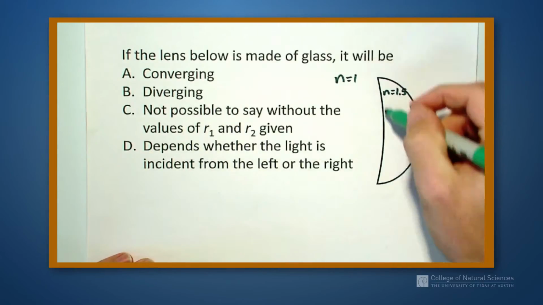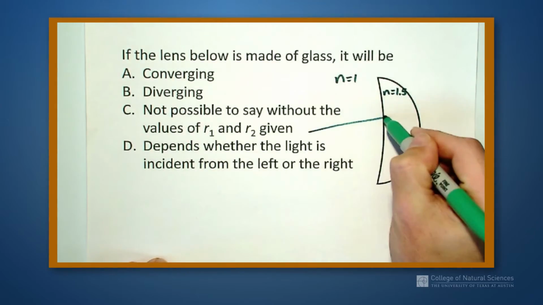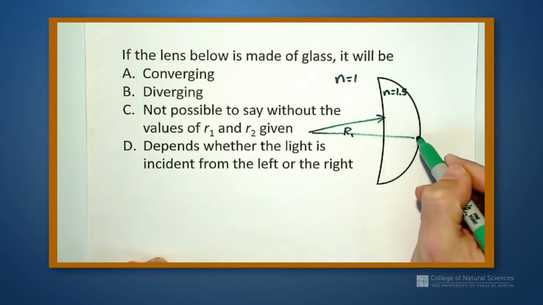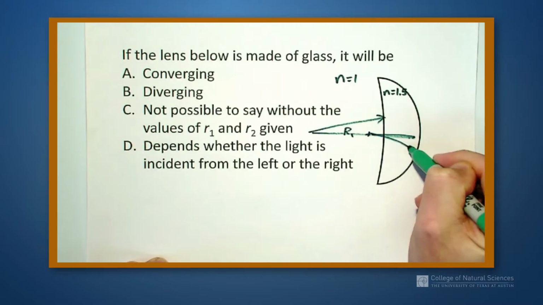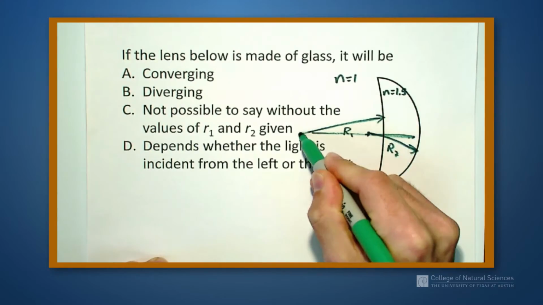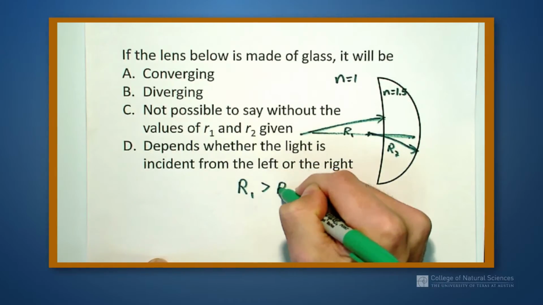What I do know from the picture, assuming that the picture is somewhat correct, is that this radius of curvature, R1, and the radius of curvature R2, let me draw this correctly, R1 is a larger value than R2.